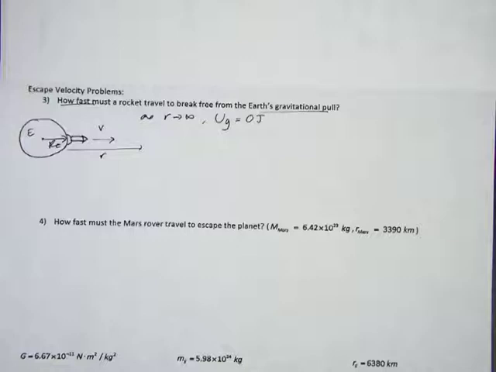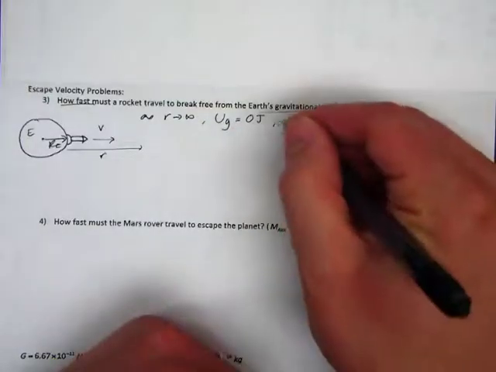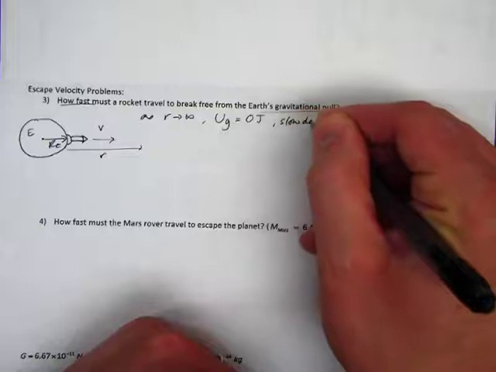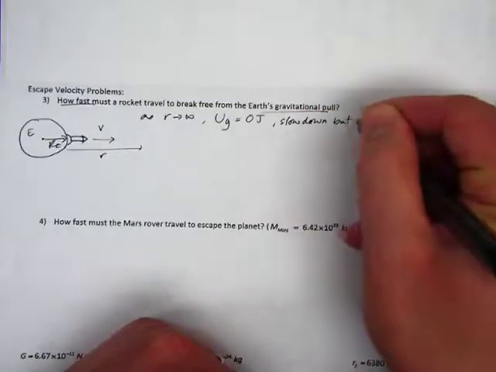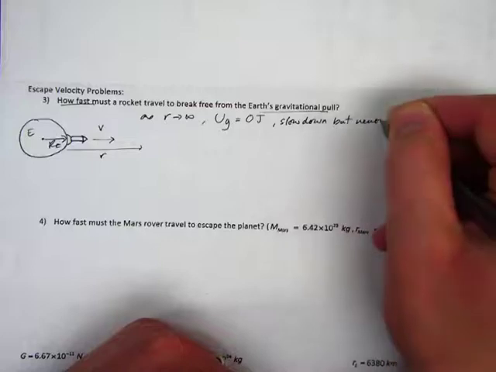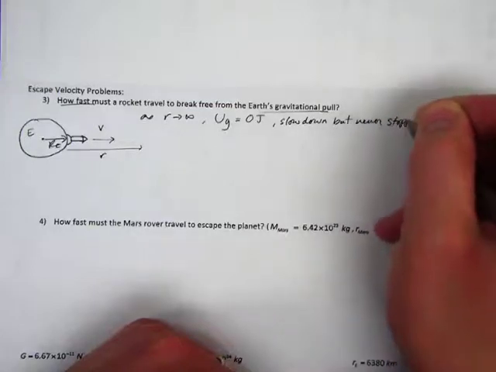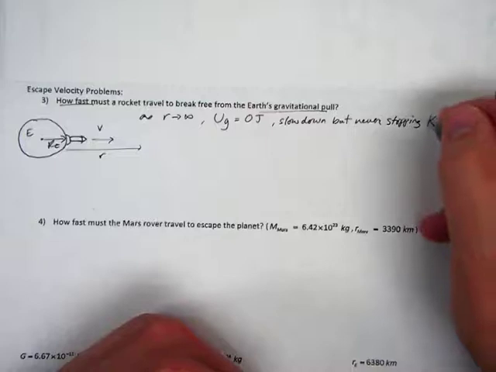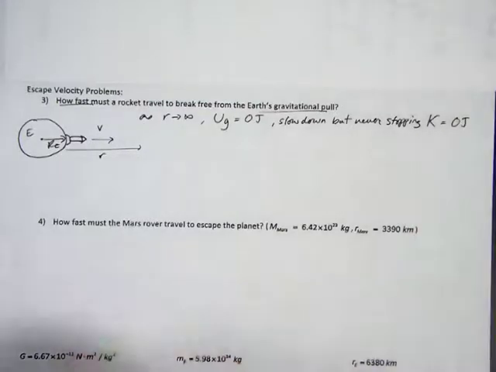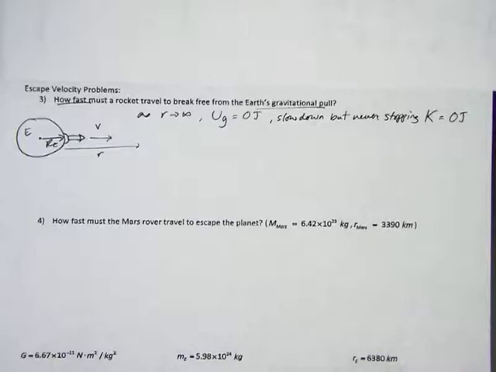But what else is going to happen is that the rocket will be slowing down the whole time, but never completely stopping. So the other limiting factor is that the kinetic energy of the rocket will also equal zero as we go to a radius of infinity.